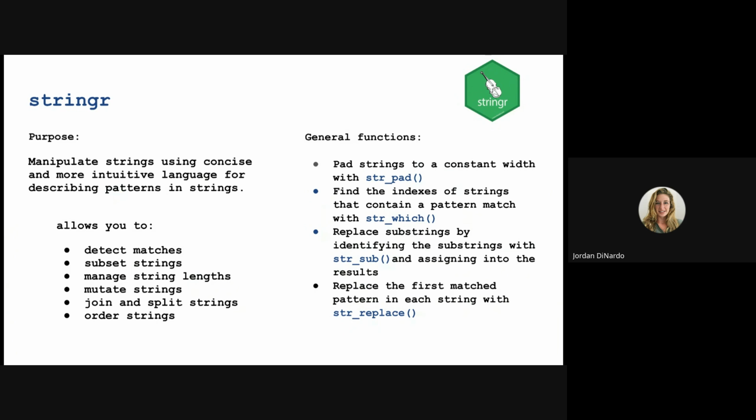So the purpose of stringr is really to manipulate character strings, using concise and more intuitive language for describing patterns in strings. This allows you to detect matches, subset strings, manage string lengths, mutate strings, join and split strings, and order strings.